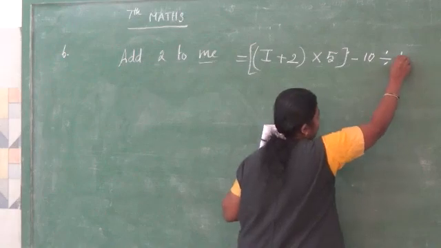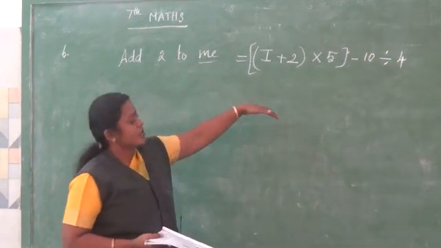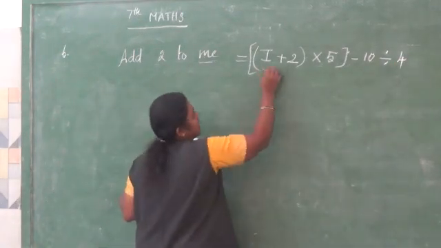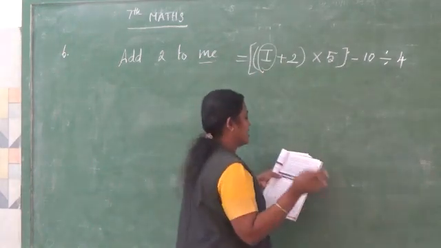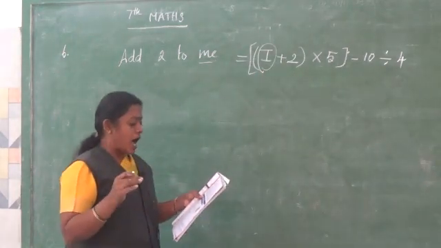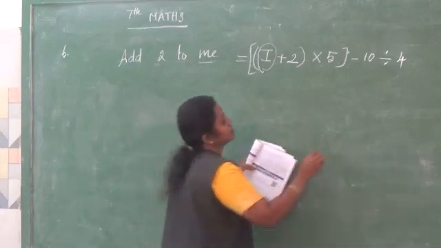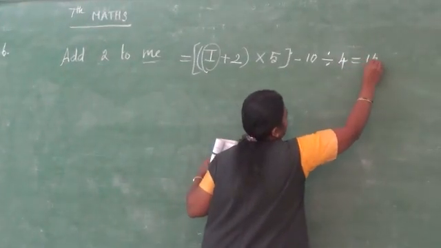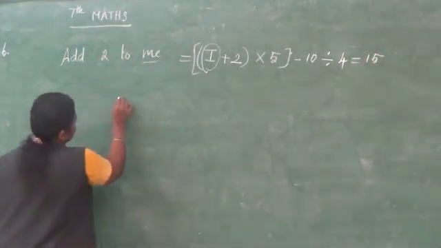Next statement is and divide now by 4. From this statement we have to find out the letter I. And the next statement given to us is I will give you 15. So this is equal to 15. Look at the statement carefully.